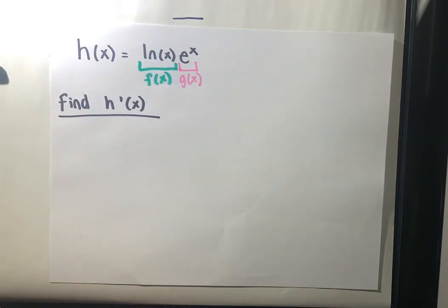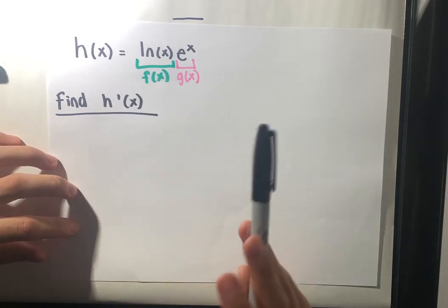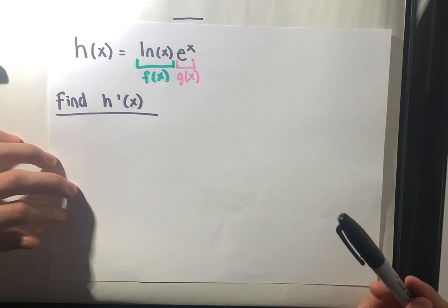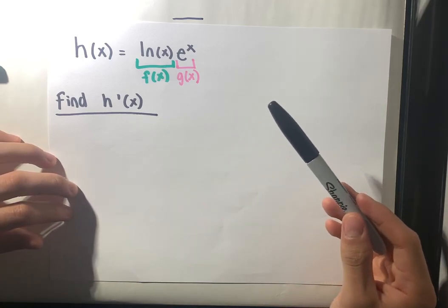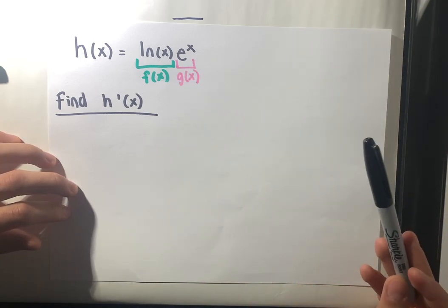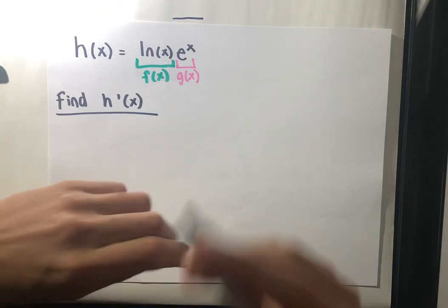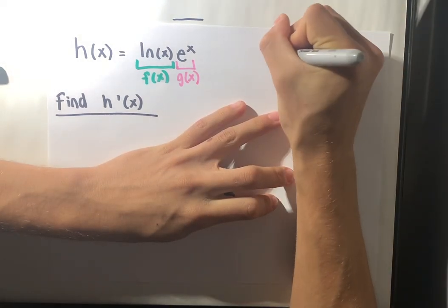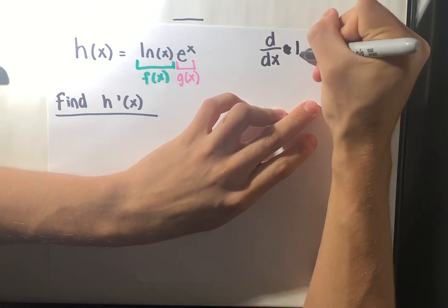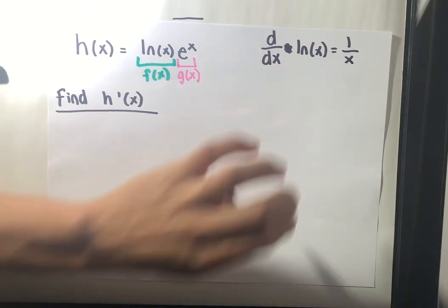Alright, so if you watched my previous video, I did not go over the derivative of ln x, but to get the derivative of ln x, you'd have to do the first principles, and basically it's very similar to the derivative of e to the x or the trigonometric functions, where you have to remember it. And so let me just write it up here so we can remember this. The derivative of ln x is 1 over x.